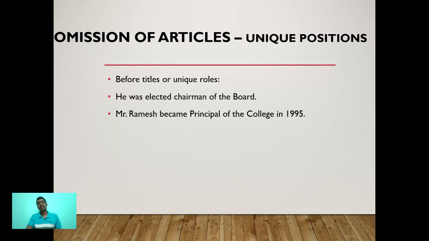The next example, Mr. Ramesh became the principal of the college in 1995. Here the principal is a very unique position. We have only one principal to the institution. We may not have a number of principals, but we may have vice principals in different numbers. But principal is the head of the institution, so we have one principal in the college.